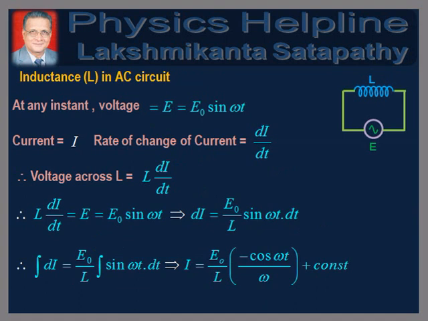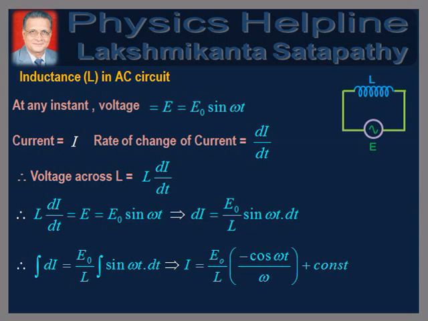Now, an inductance L is connected to the AC source, whose instantaneous voltage is given by E is equal to E0 sin omega t. At that instant, let the current be I, and the rate of change of current in the inductor be di by dt. Therefore, magnitude of voltage across the inductor is L di by dt.